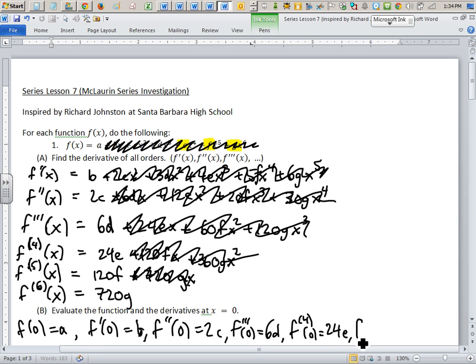The fifth derivative at 0 is 120f. And the last one, the sixth derivative at 0, is 720g. I ran out of room. The sixth derivative at 0 is 720g.